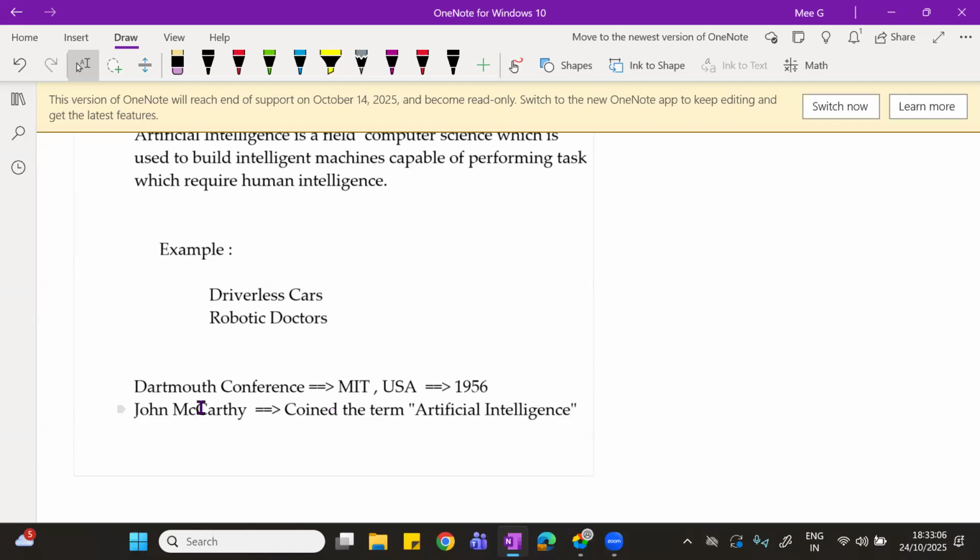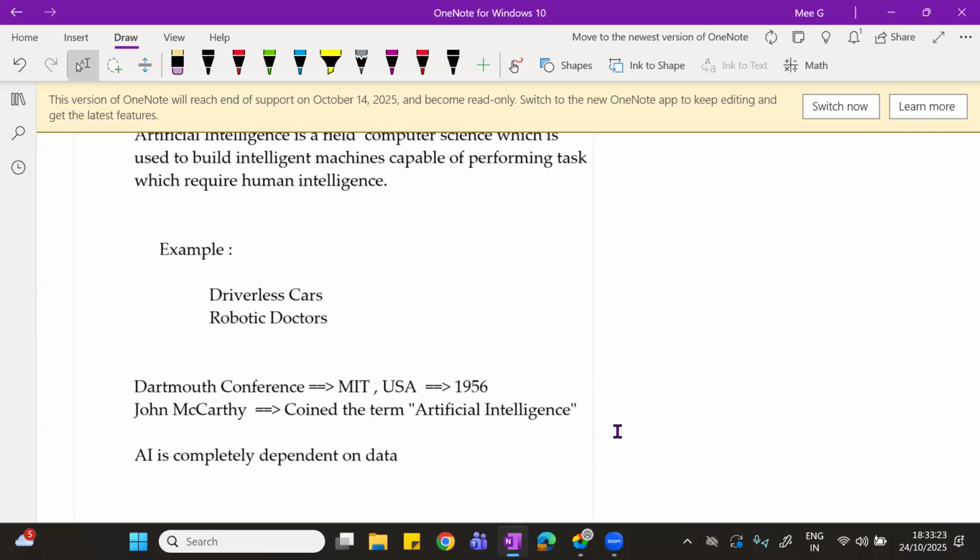And over time, he clearly made a statement that AI is completely dependent on data.